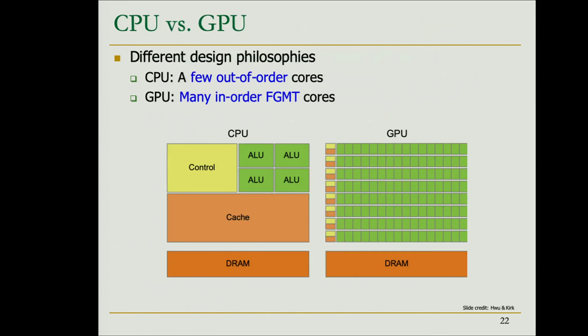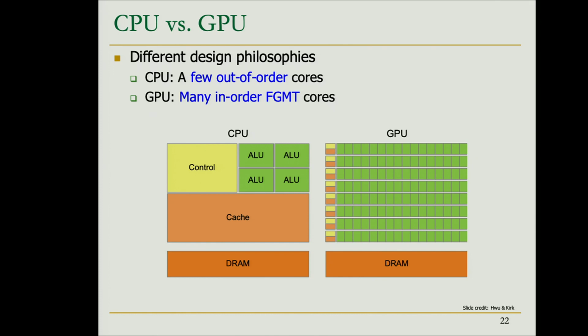Okay, this is something that for sure you know, but it's always good to remind what's the main difference between a CPU and a GPU. The main difference is how you are using the area that you have in your chip. In a CPU, we typically have few out of order cores, very powerful cores, but only a few of them.